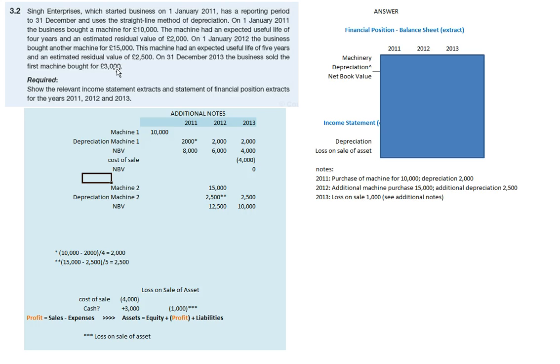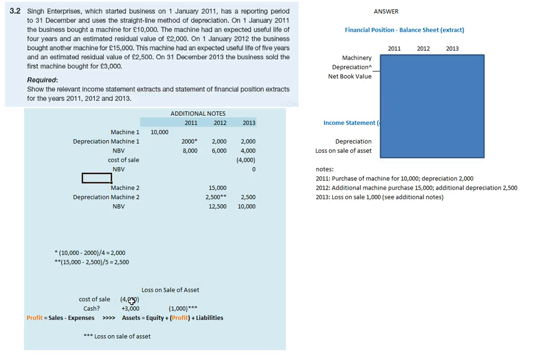So clearly you've made something of a loss because the cost was written down to 4,000, and so you have a cost of sale here. And then I've made some notes down here on the loss on sale of asset.